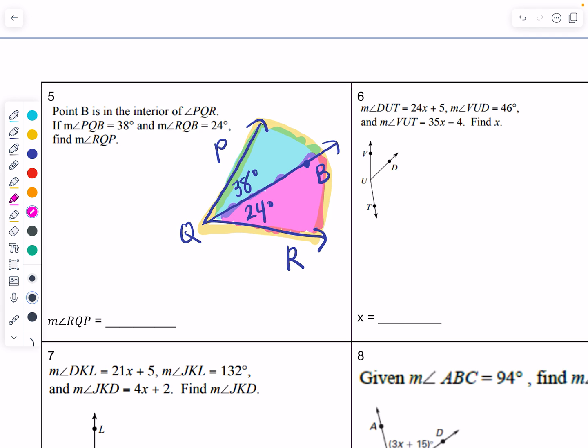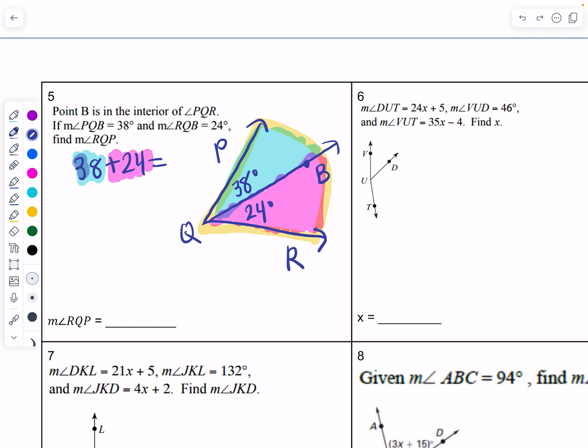This actually does not have a ton of math or algebra involved. This one's just hard because you had to draw it out. So let's do that real quick. We would do 38 plus 24 adds up to the whole thing. So we're just going to go blue plus pink. And so this is just a review of how you do the process of finding the big angle. That is going to be 62 degrees.